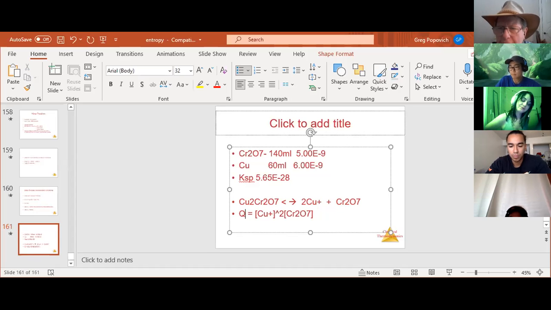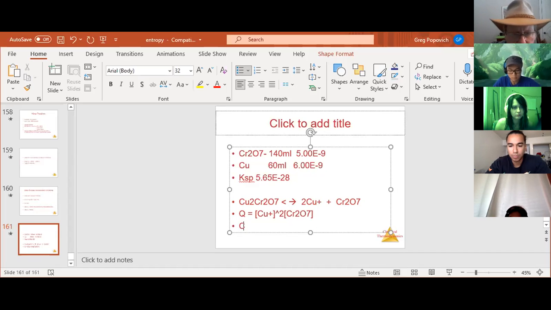Now, what I have to do at this point, Ethan, is find the new concentration of Cu because I put the 60 milliliters in with the 140. I also have to find the new concentration of CrO4 because I put the 140 in with the 60.